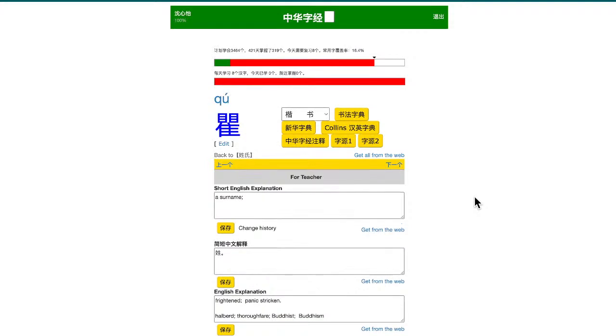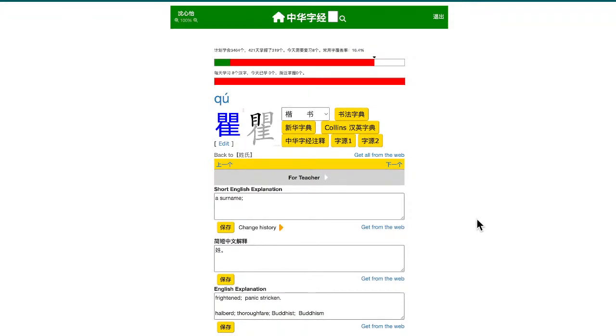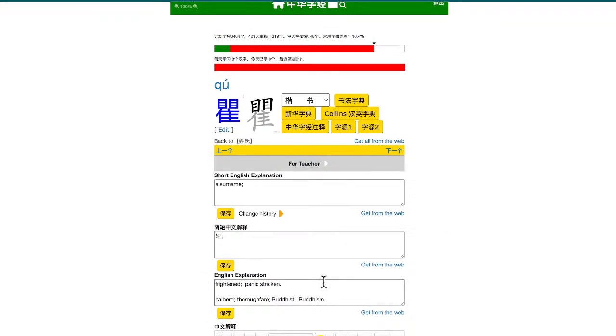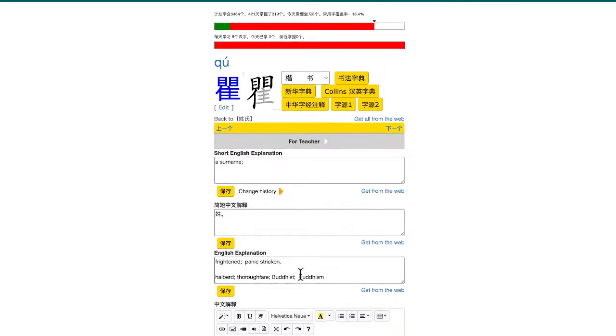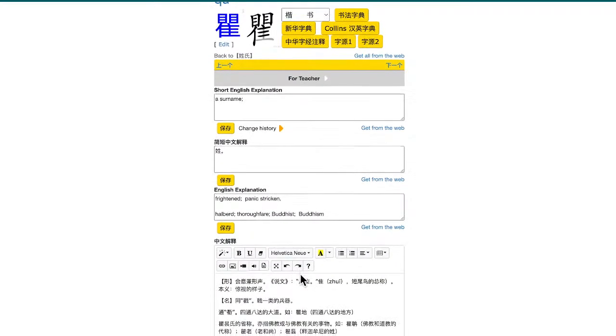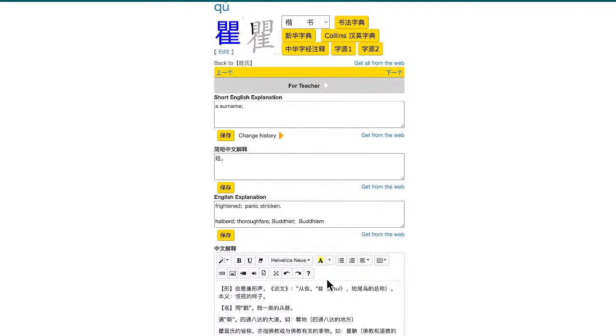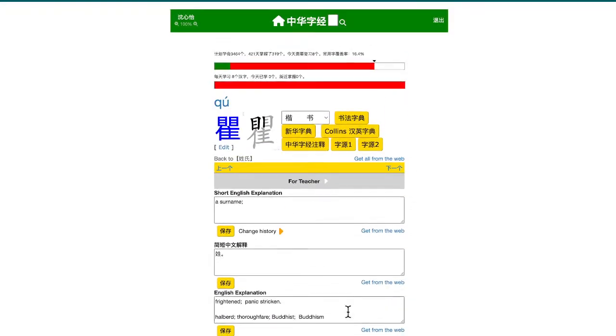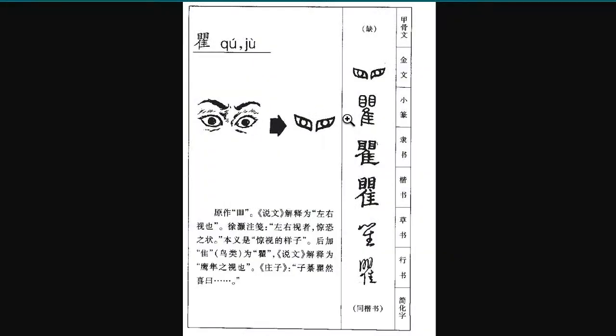Next one is Qu. Qu is a surname. The original meaning is frightened, or panic stricken. Let's take a look at the picture.